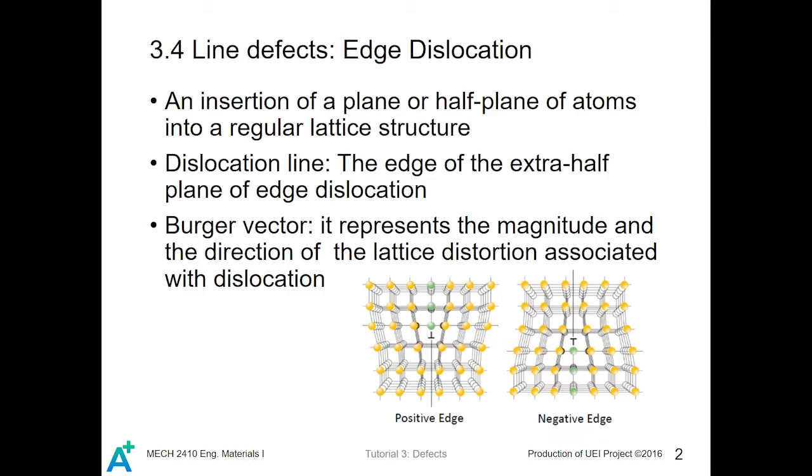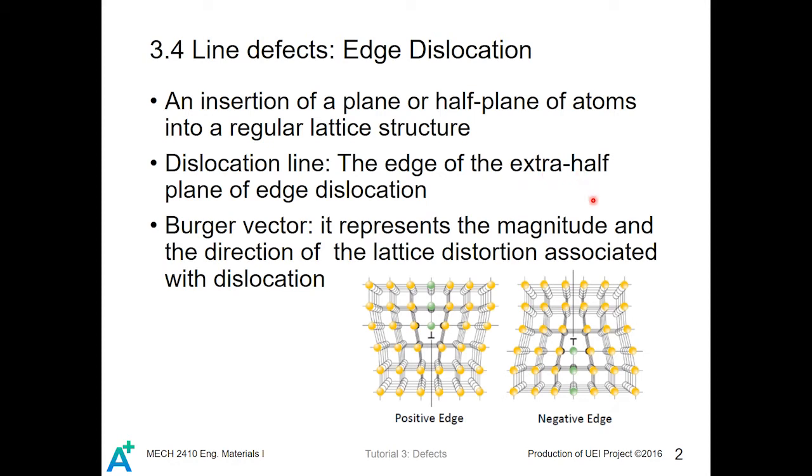Edge dislocation is defined as an insertion of a plane or a half plane of atoms into a regular lattice structure. You can see from the picture here, the original crystal structure doesn't contain the green atoms, and it shouldn't contain the green atoms in terms of a perfect crystal arrangement.